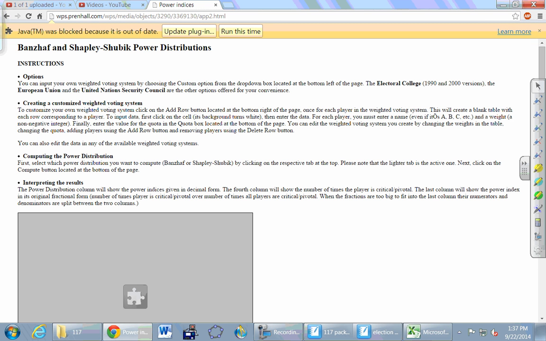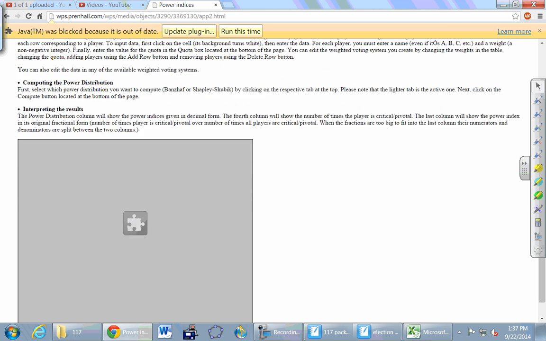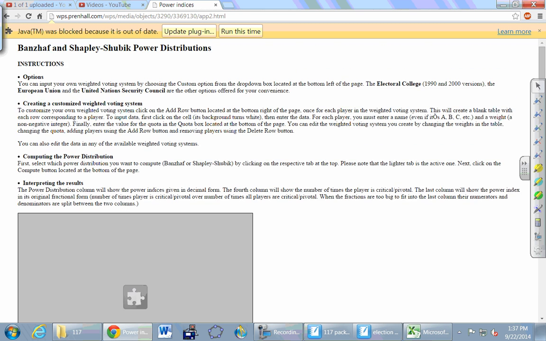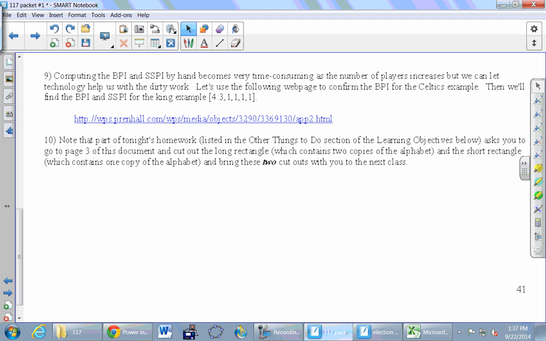So this stuff right here would normally just look like a blank grid. You type in the players, you type in their weights, you click a button, 1/10 of a second later, it spits out the answers that we just got. And so it's kind of nice to have this. What's that? You think I'm going to show this to you at the beginning of class? So it's out there, just so you know that if there are a lot of players, you probably don't want to do it by hand. You might want to use the technology. Okay, last thing, and then the group activity on the next page.